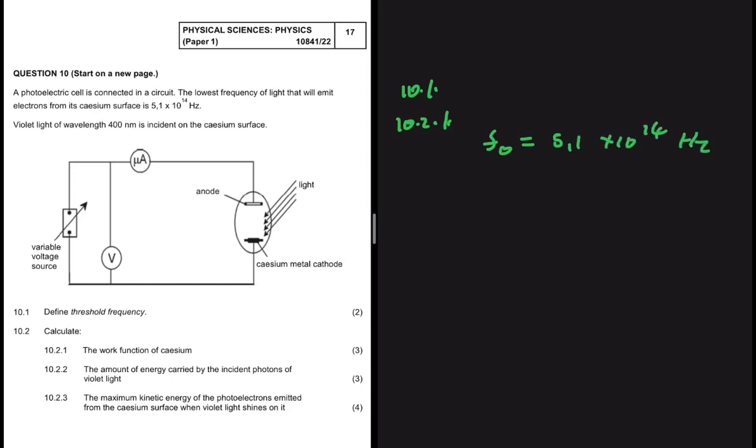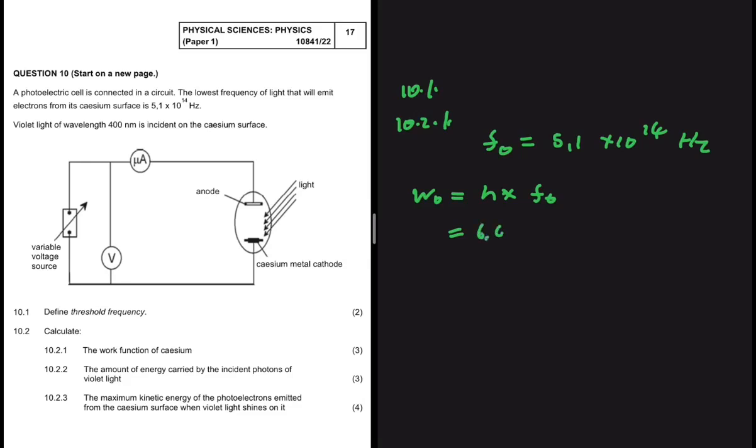Right. And then we can calculate the work function using the threshold frequency, because the work function is equal to Planck's constant multiplied by the threshold frequency. So this will be equal to h, Planck's constant, which is obviously a constant, as the name says.